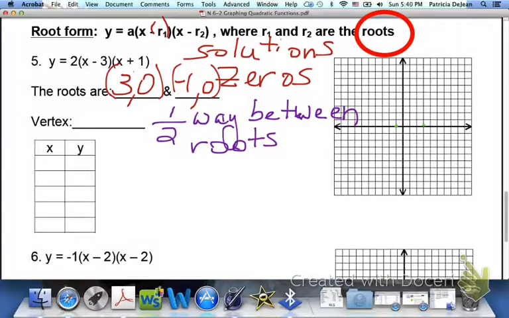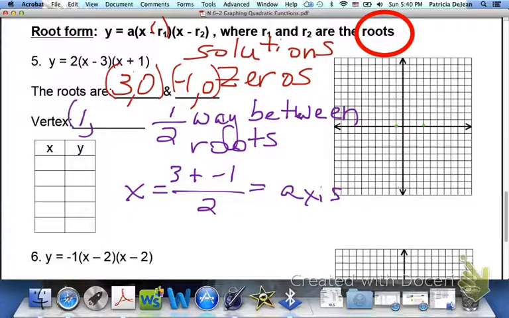So we can do a midpoint formula, basically, which is 3 plus negative 1 over 2. So the x value of the vertex, which is also the axis of symmetry, is 3 plus negative 1 in this case, which is 2 over 2, or 1.